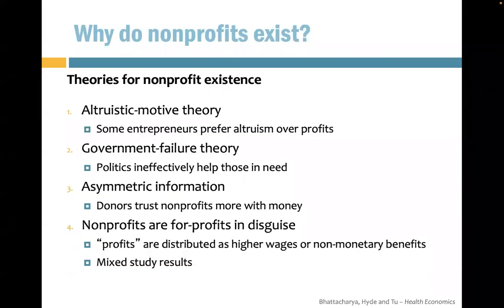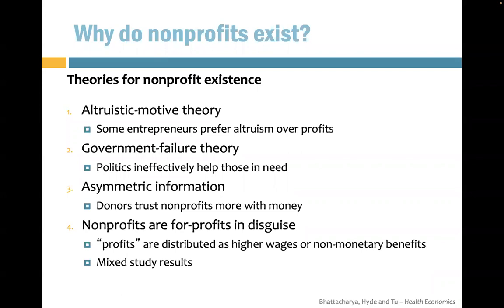Okay, so when we ask the question of why do nonprofits exist, there are a couple of theories. We're just gonna go through them quickly because this is not the most important part of this chapter. The first one is called altruistic motive theory.